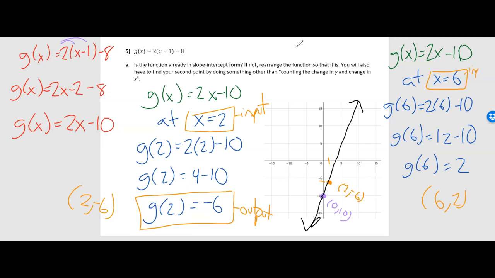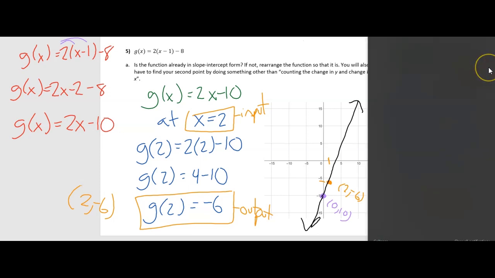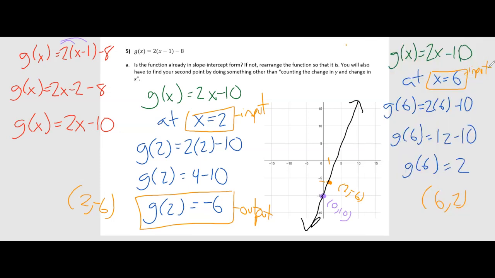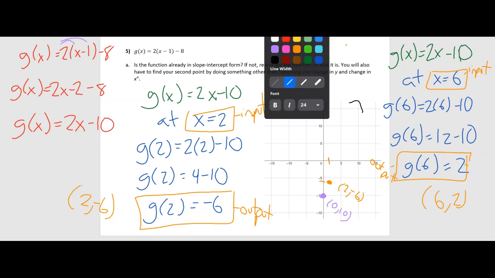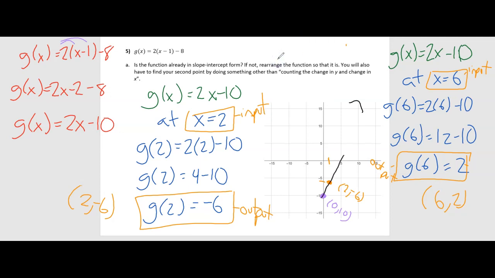Up here, my input. Down here, my output. So 6 comma 2, and again, you can tell that I just didn't draw this line super well. Let's try this again, though. Probably looks something more like that. And then if I go over to 6, up to 2, we should see that that point is very close to where our line is.